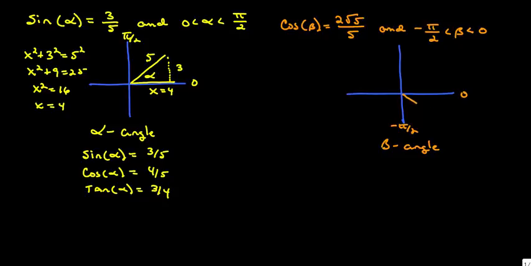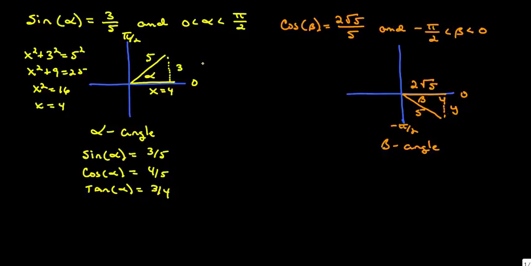So it's going to look down like this. So this is beta. And we know that the cosine of beta, the adjacent side, is 2 square roots of 5 over 5. The opposite side we'll call y. Now this is going to be negative because we're heading down.